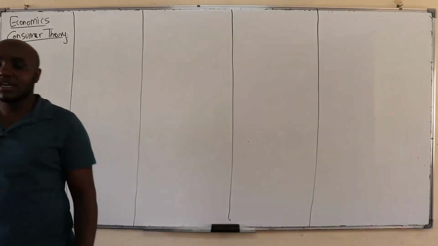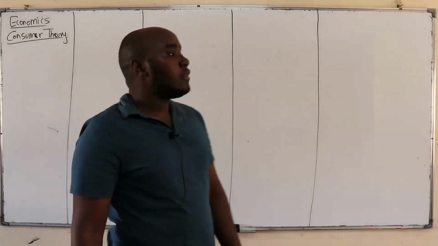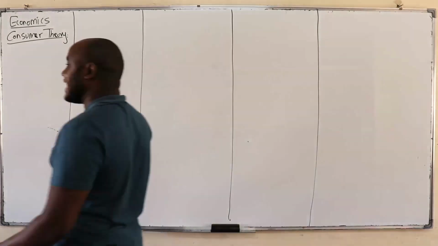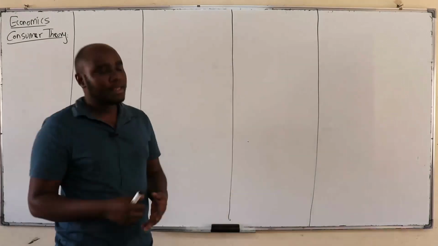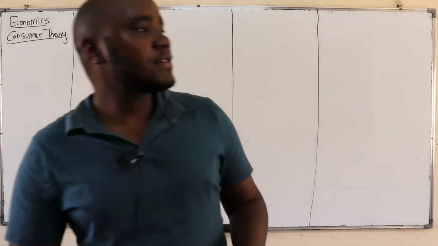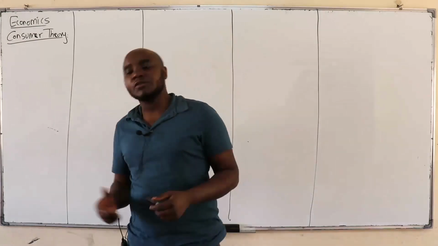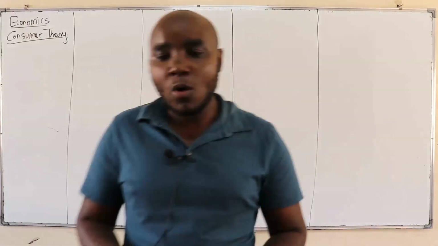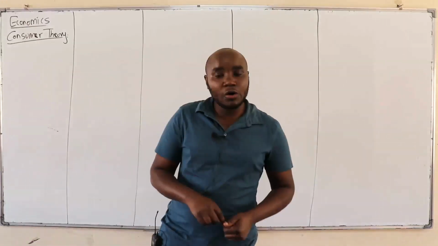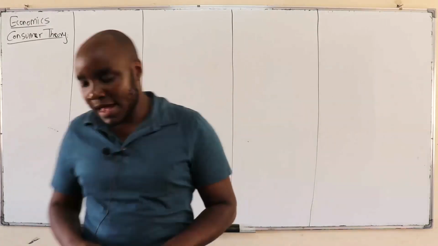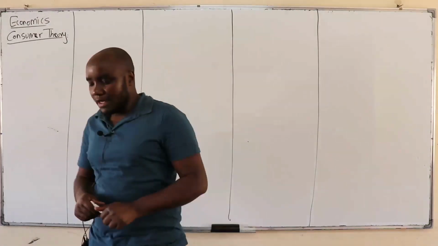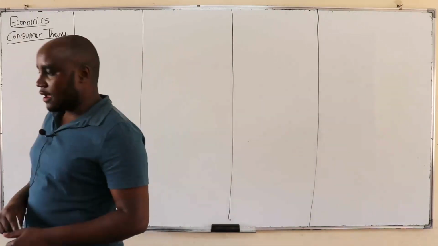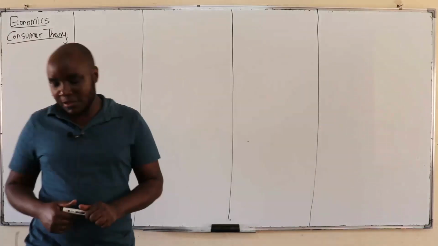And when we're talking about the consumer theory, or the theory of consumer behavior, all we are trying to do is explain why the consumer behaves the way he does in regard to his consumption, or in short, why consumer behavior is the way it is when faced with the problem of choices.